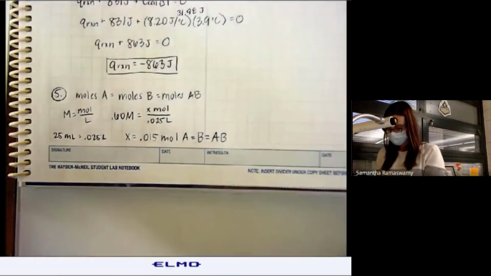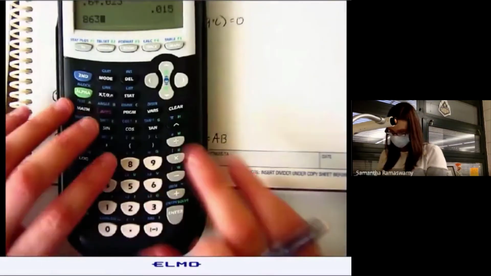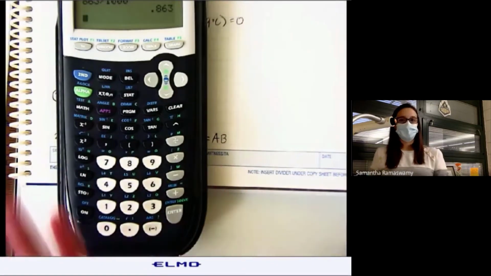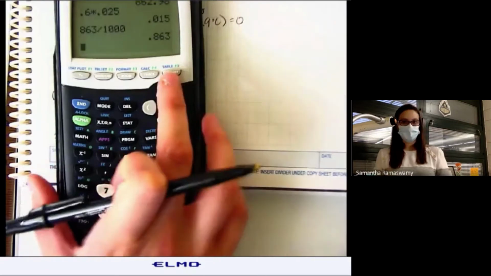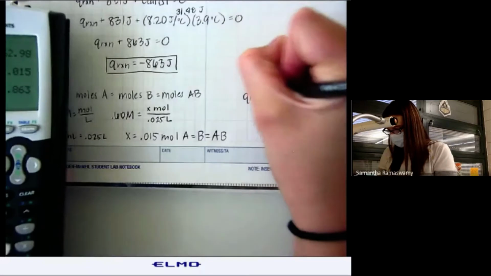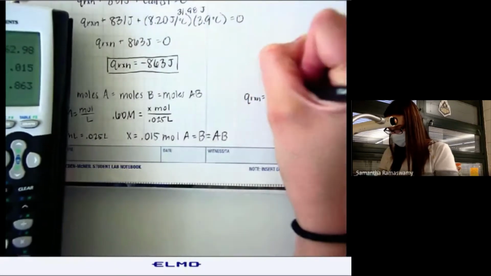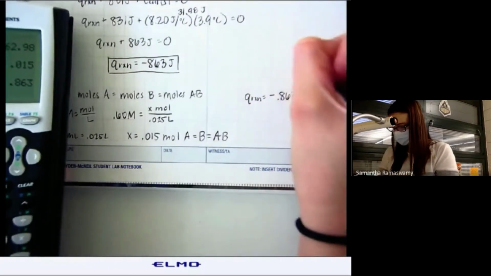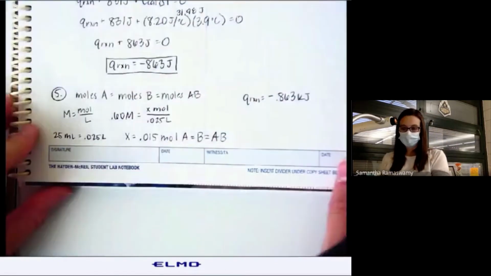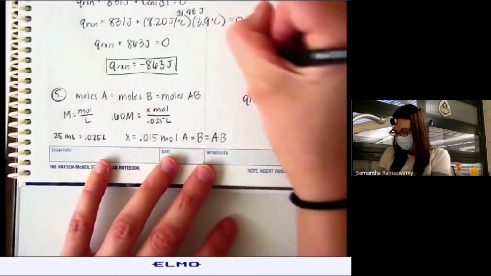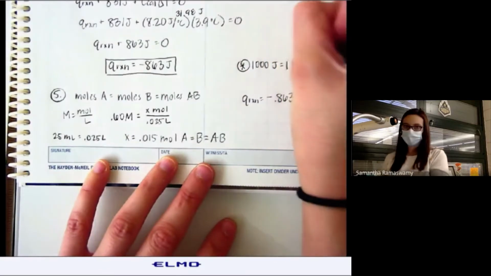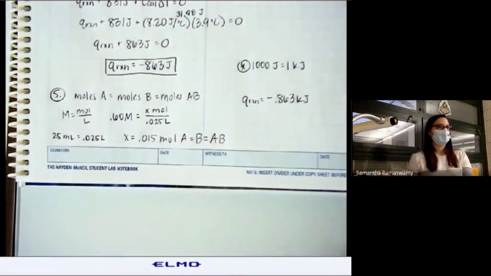So 863 divided by 1,000 is 0.863. So Q reaction is negative 0.863 kilojoules. I just put it in kilojoules first to make it a little bit easier. If you don't remember the conversion, 1,000 joules is 1 kilojoule.